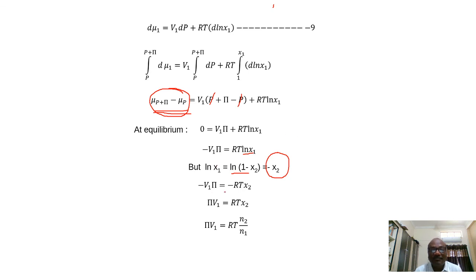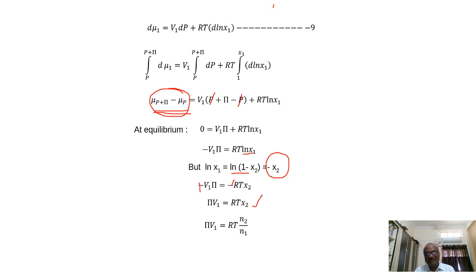So minus V1π is equal to RT ln x1, which is ln(1 minus x2), which becomes minus x2. That's why it becomes minus RT x2. So minus and minus will get cancelled. Finally, πV1 is equal to RT x2. What is x2?